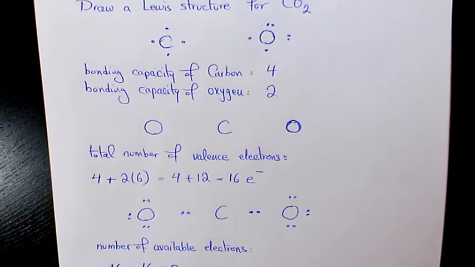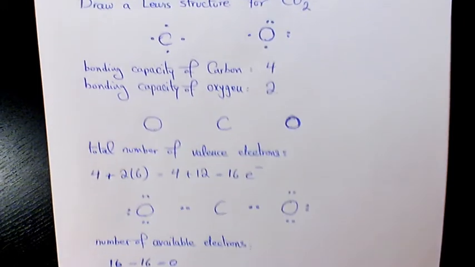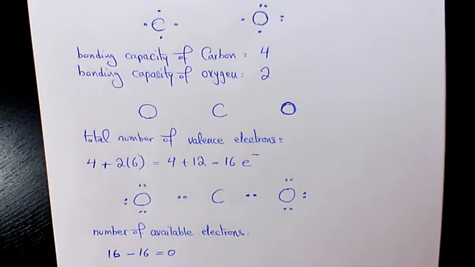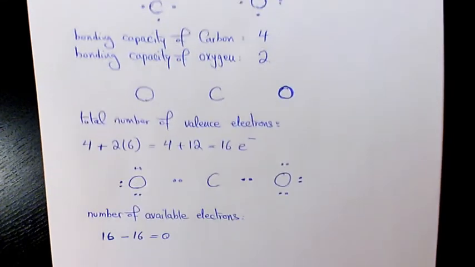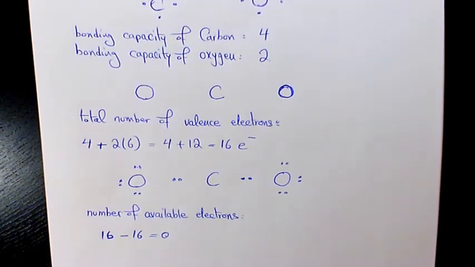So 16 minus 16 is gonna be 0. Next step, I need to find out if the central atom has a full octet or no. As you see here, central atom 1, 2, 3, 4. So we need to have 4 more electrons in order to have the full octet for carbon.